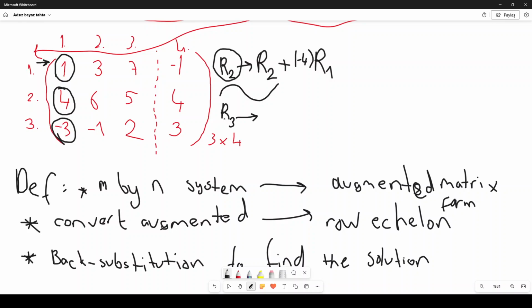And for R3, the third row, what should I do? To convert the value -3 into 0, again I replace R3 by R3 plus something else, and this something should be related to multiplying the first row. If I multiply the first row by 3 and add it to the third row, then I can reach my goal. So let's see what I get.